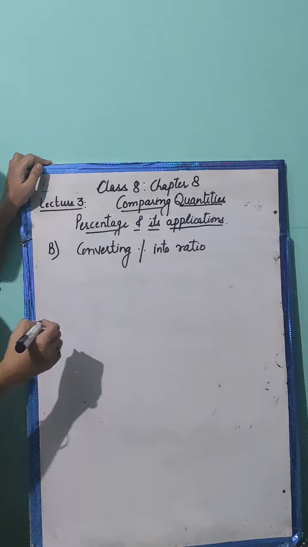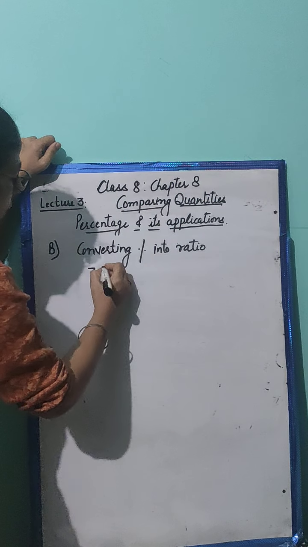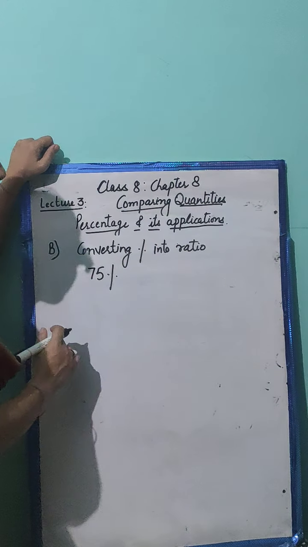Suppose it is given 75%, and I want to change it into ratio.